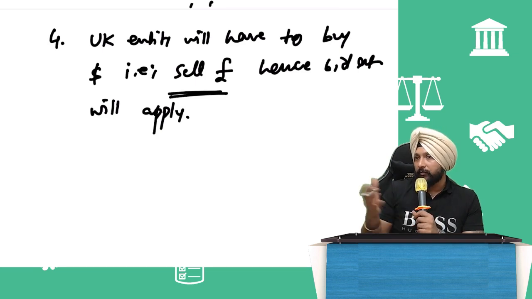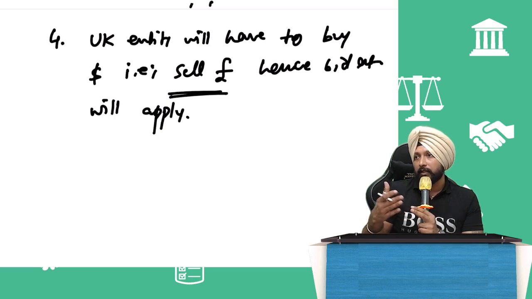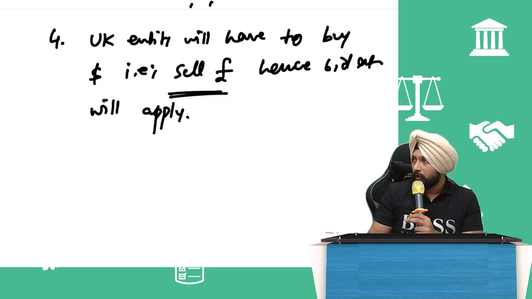And because dollar amount is given, we need to get the answer in pound. From the price currency to base currency we are going, so we need to divide.